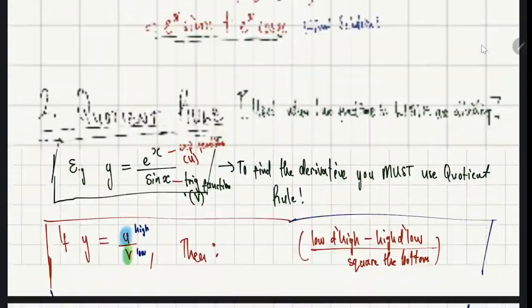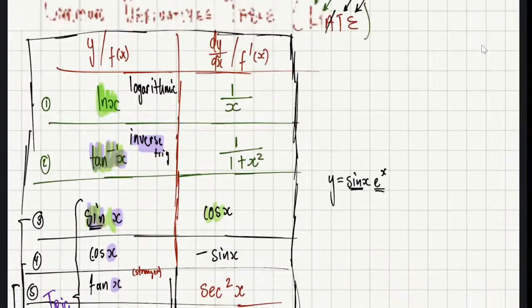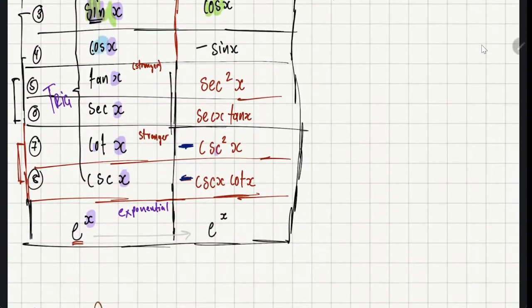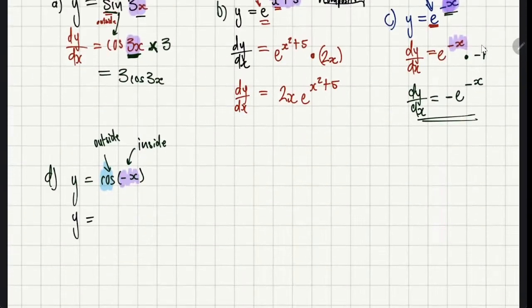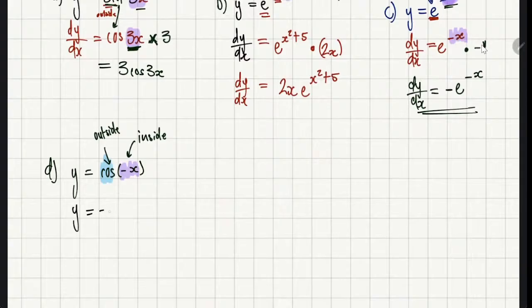The derivative of cos is negative sine. So the derivative of this cos will be negative sine of negative x, because the inside is not yet changing.